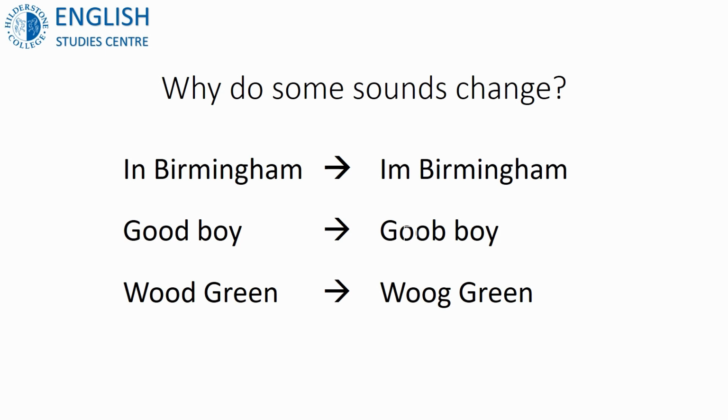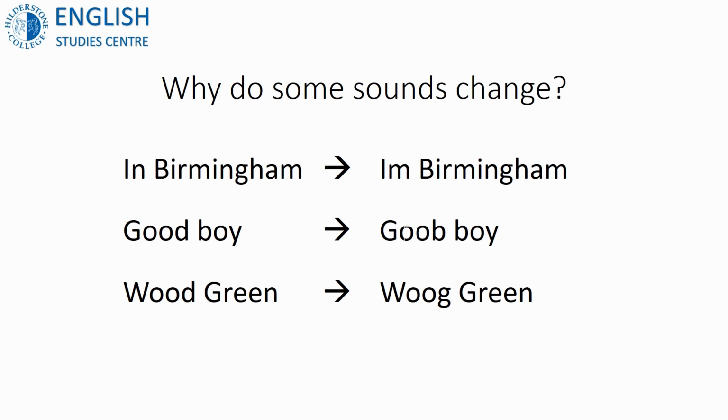Let's look at an example now that doesn't involve a B sound. If you've been to London and looked at the tube map, you might have noticed a station called Wood Green. But if you listen to the tube announcements for Wood Green, you won't hear it, because what they actually say is "Wuog Green. Wug Green, this train is going to Wug Green."